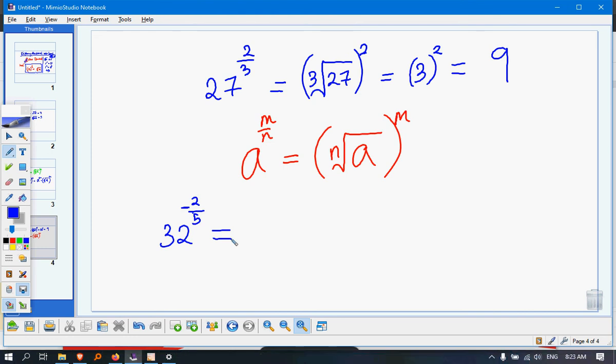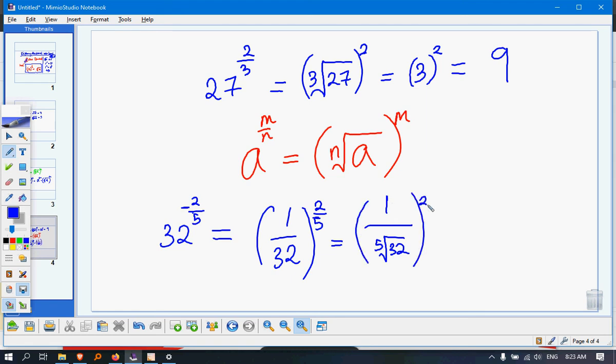So this is going to become 1 over 32 to the power 2 out of 5. My power stays the same, but I've gotten the reciprocal of 32, or flipped 32. Then I follow the same rules. So this is going to become 1 over the 5th root of 32, and everything squared.